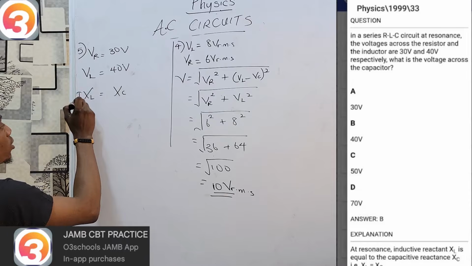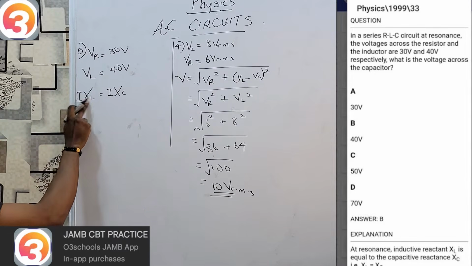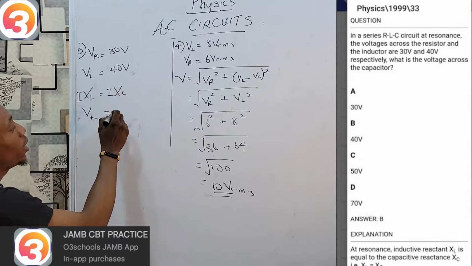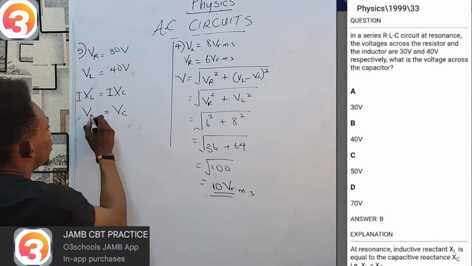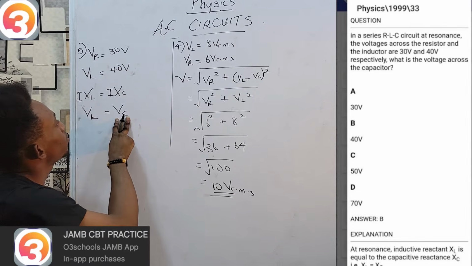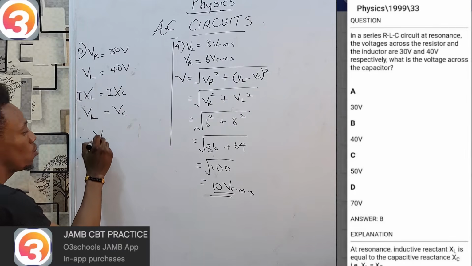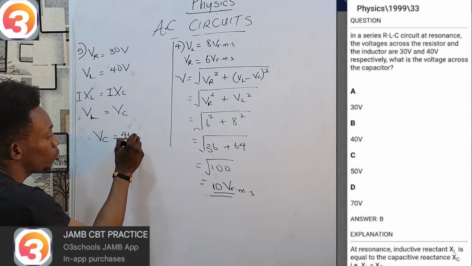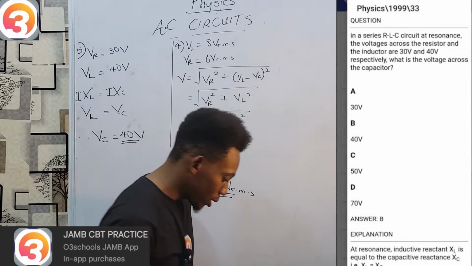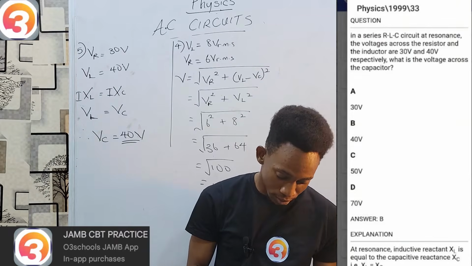Therefore, when I multiply, I times XL must be VL and I times XC must be VC, implying that my VL is going to be equal to VC. And the VL is 40, therefore VC must also be 40 volts. As you see, one more time, keep your formulas in mind and follow the steps.